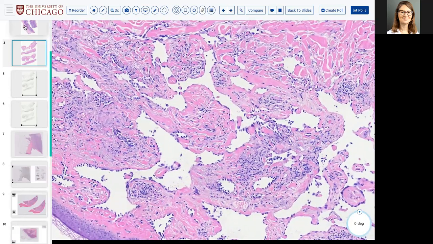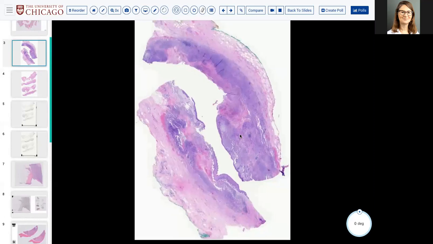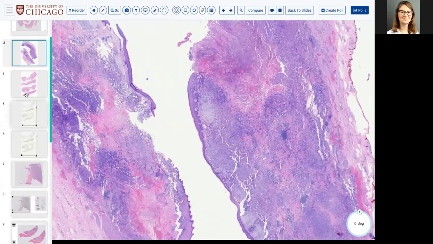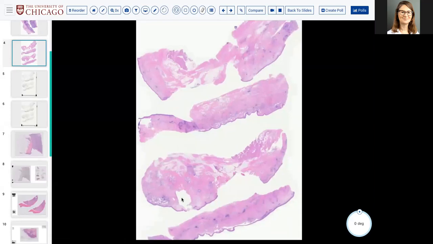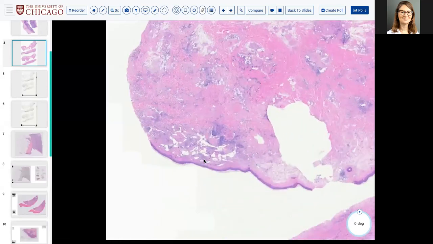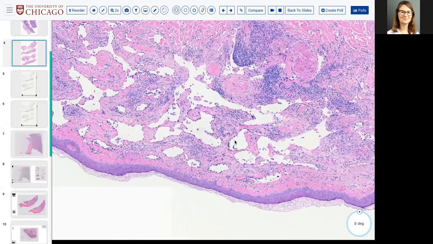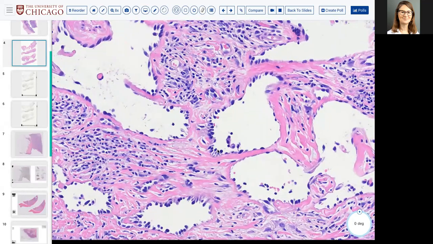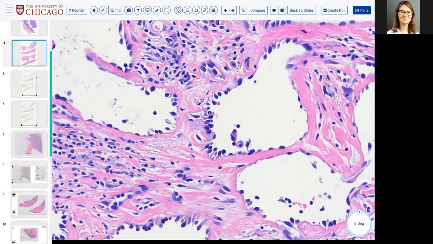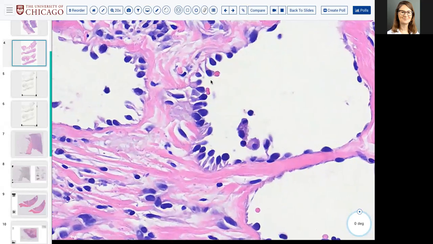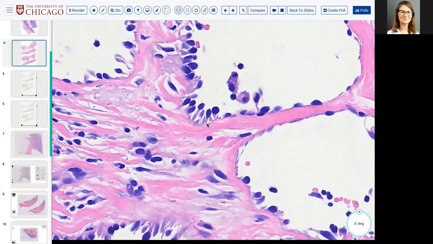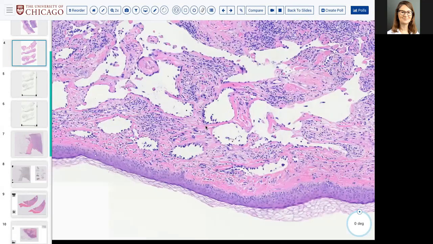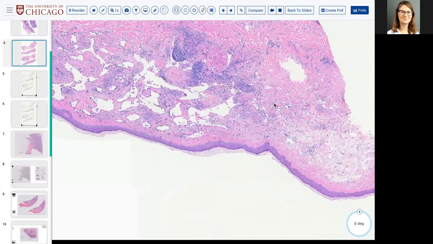All right, and they look very similar, right? They can start as these, as was mentioned, retiform vascular spaces where the endothelial cells exhibit just a hint of overlapping and hyperchromasia and enlargement. So right here, that's sometimes all you're going to get. That's angiosarcoma, but it's highly infiltrative.